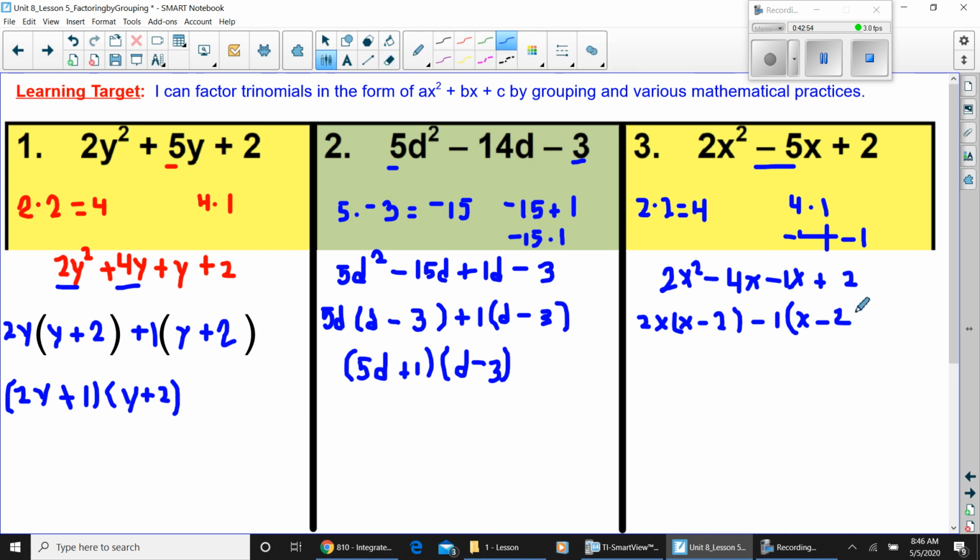And that looks like what your answer is going to be. 2x minus 1 inside the parentheses. Sorry, my hand is getting a little bit hard to write like this. 2x minus 1, and then inside parentheses you notice you have the same thing as I said before, x minus 2. And that's basically it.